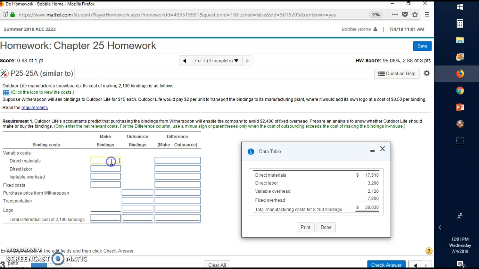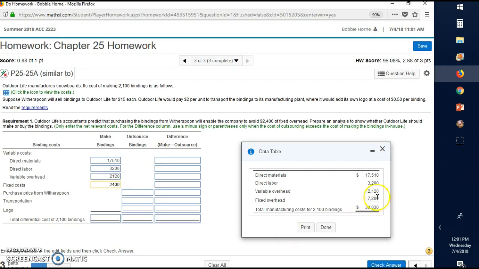So we know if we make the bindings, the direct materials would be 17,510, and the direct labor would be 3,200, and the variable overhead for this would be 2,120, and then the fixed cost that is associated with the bindings is 2,400.